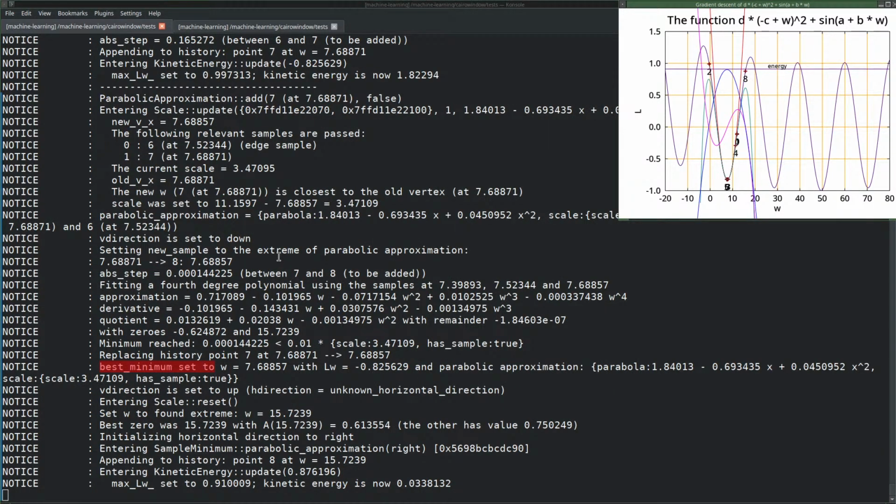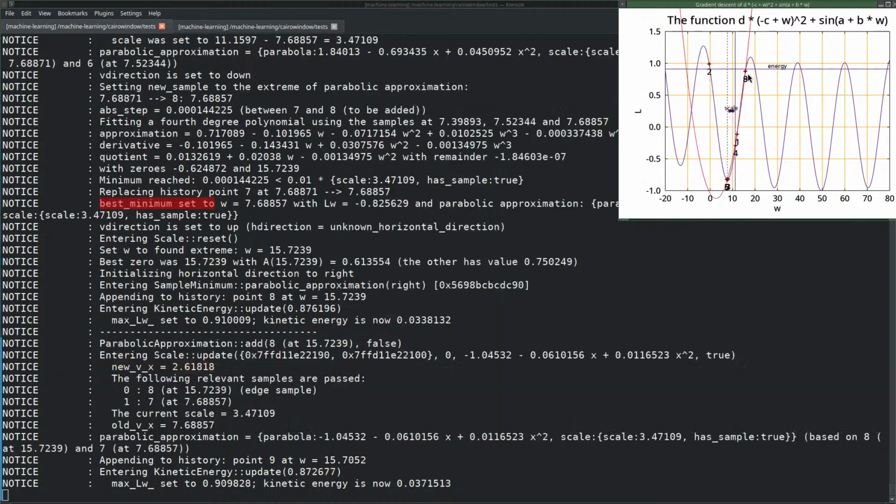So what happened after this? Now we jump to 8. And then we should forget about the previous parabola, including not using any of these points anymore to fit another parabola. So I think it should be a straight line. And it isn't. What the hell?